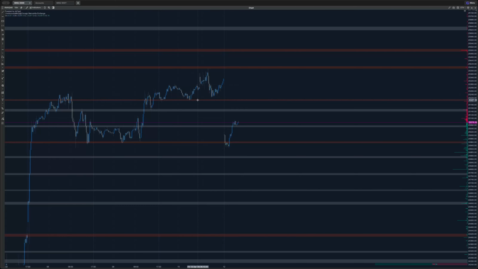The reddish, brownish ones are daily extremes, and the gray ones are locations throughout the day. Like this one here, I love those which were resistance, and then here they are support. Now they're resistance again.